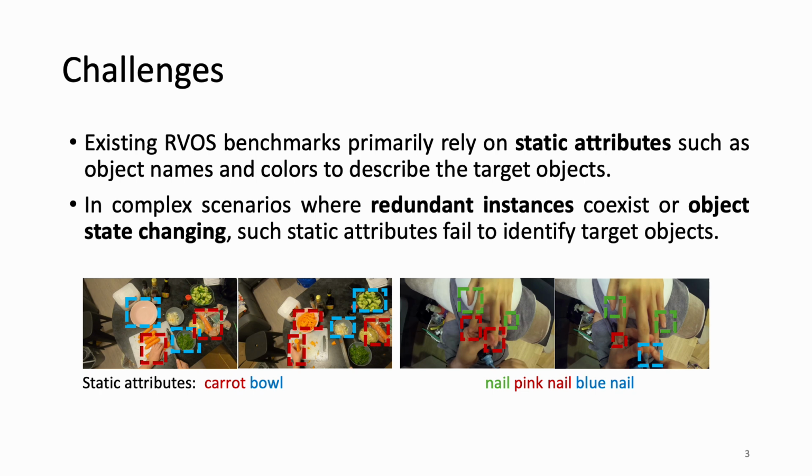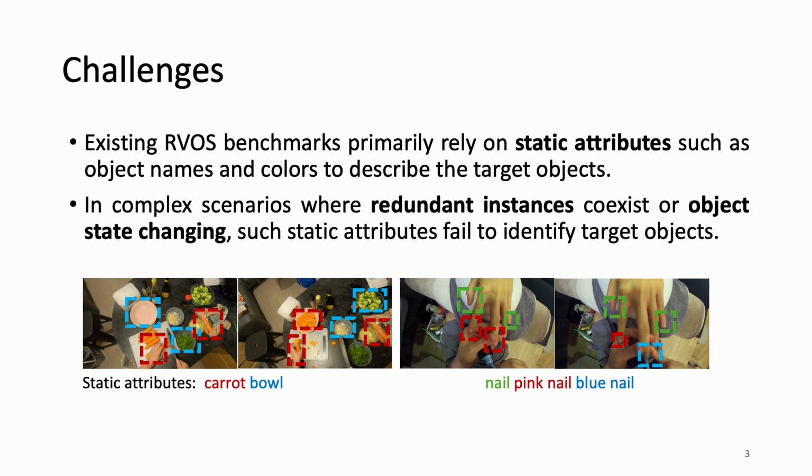However, existing RVOS benchmarks primarily rely on static attributes, such as object names and colors, to describe the target objects. In complex scenarios where redundant instances coexist or object state is changing, such static attributes fail to identify target objects.